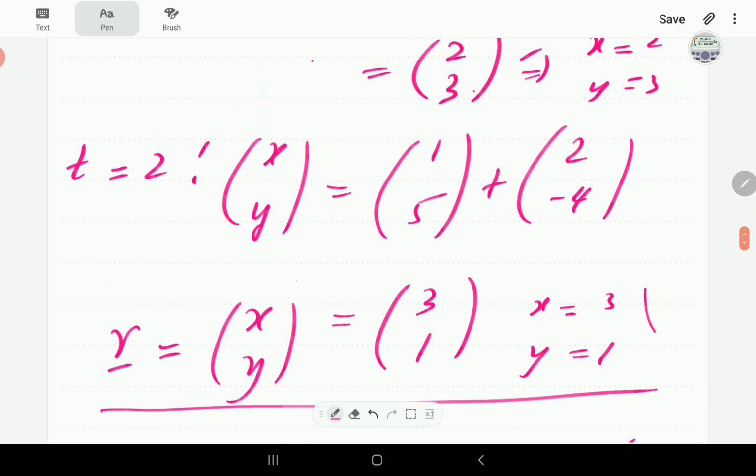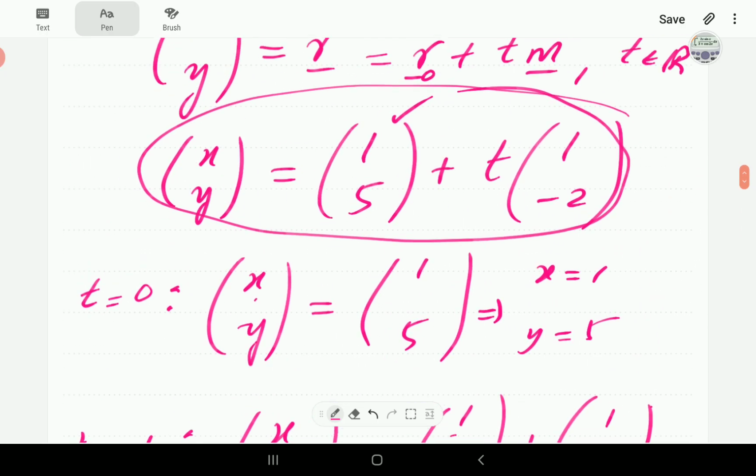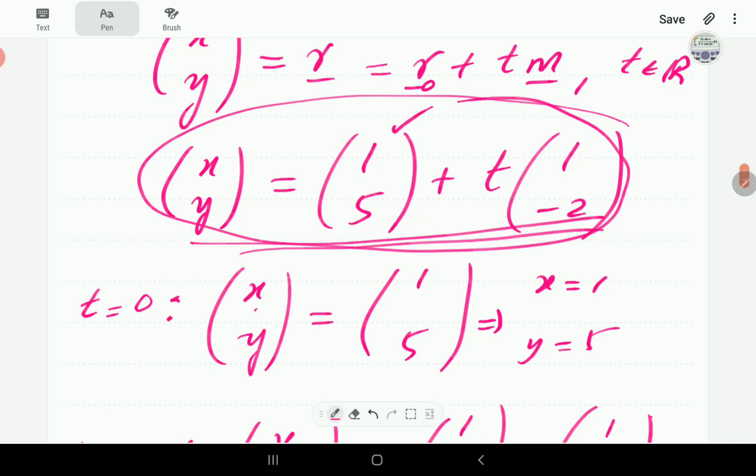So that is our vector form of the equation of that straight line.